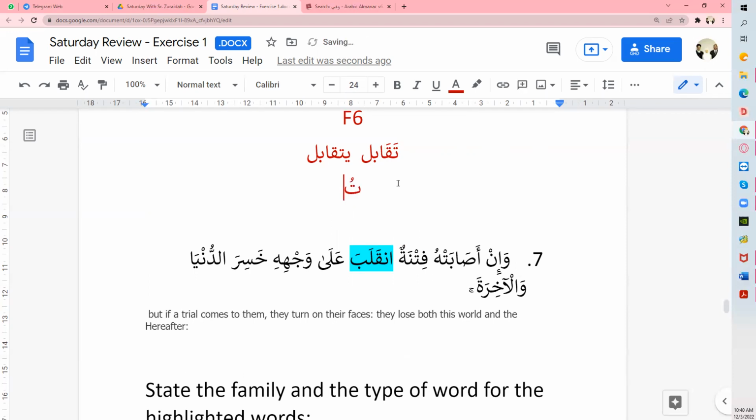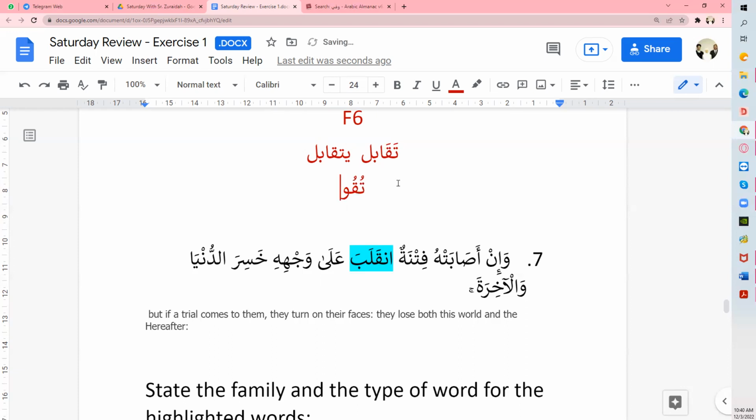Now what happens after the qaf should be what? Since the sound is u, instead of an alif, you should have a waw. The madi is u-i. Tuqibala.